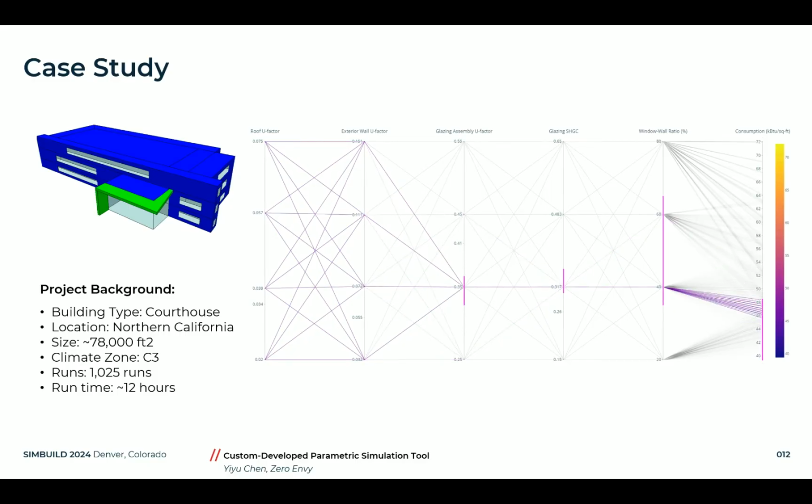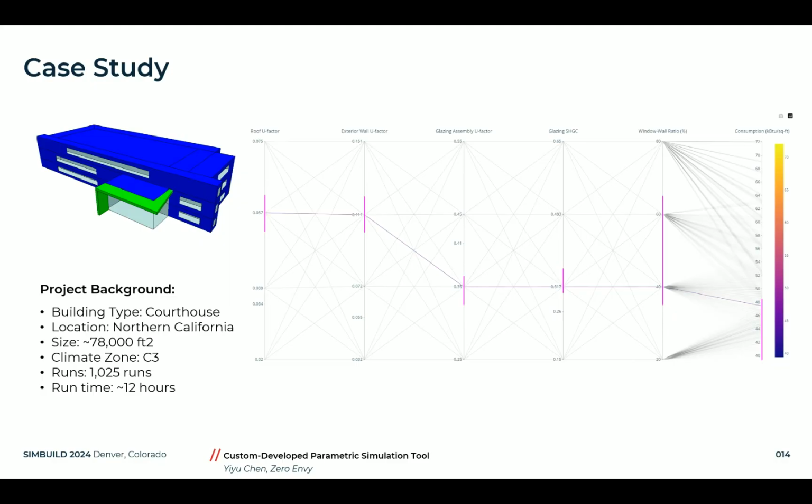So for glazing assembly U factor, the initial plan was to design towards 0.35. And for exterior wall and roof U factors, the design team was considering to reduce the amount of insulation they're putting in them. So it was 0.111 for the wall and 0.057 for the roof. So this is the initial path we identified for the design team, and this is where we are starting with.